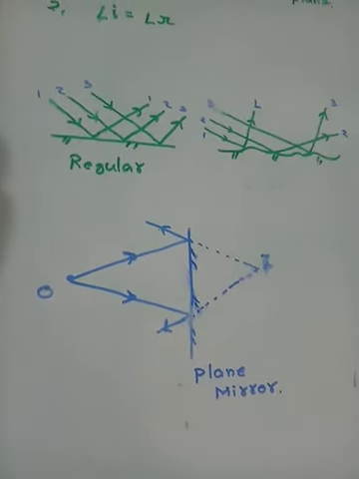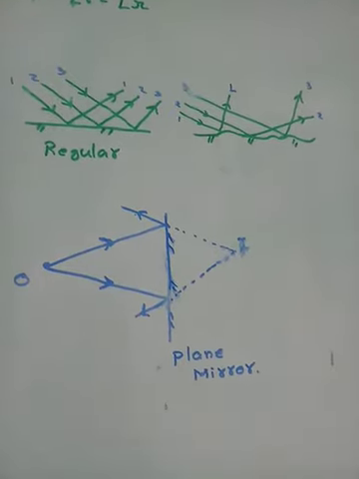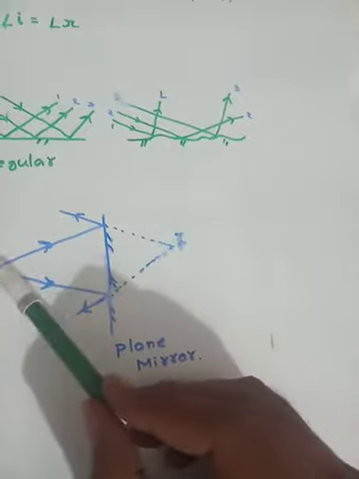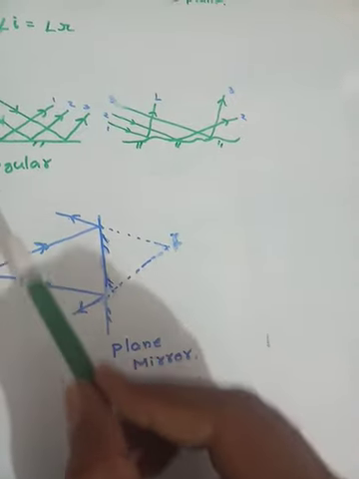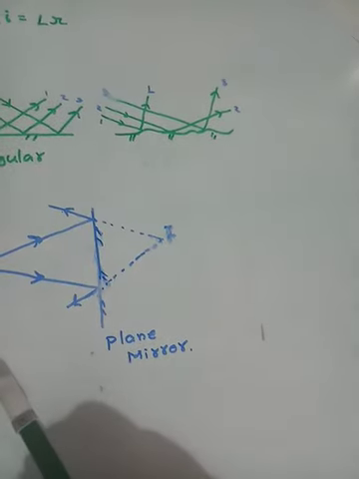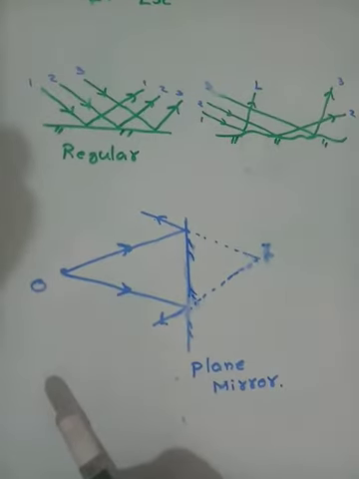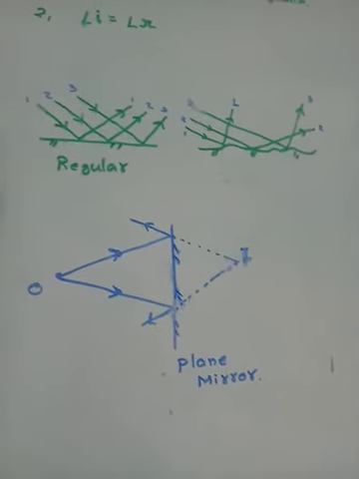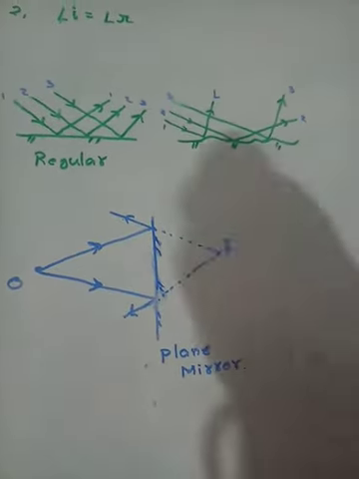After falling on the mirror, they are diverged. They are moving in different directions. This ray moves this side, the second ray moves on the upper side, the bottom side. And these rays of light, do you think they are going to meet in the forward direction anyway? If we extend these rays, it will go like this.